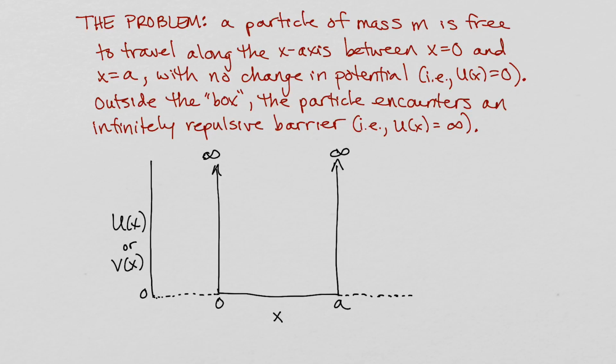However, outside the box, okay, so once the particle gets to these endpoints, here are walls of our box, we see that it experiences this infinite potential or infinitely repulsive barrier. Okay, so we have that at x equals 0 and x equals a, so at both of our bounds of our box. Okay, so picture yourself as this particle inside of a box, or picture yourself inside of a room that has infinite walls.